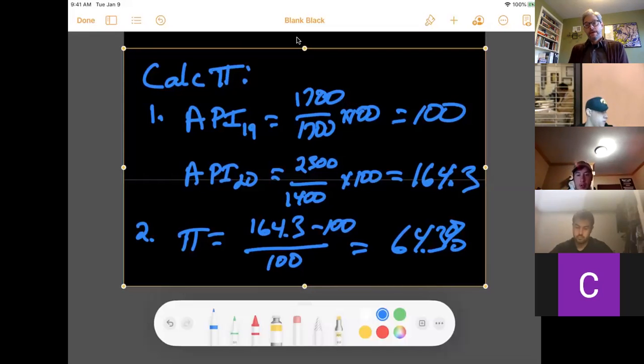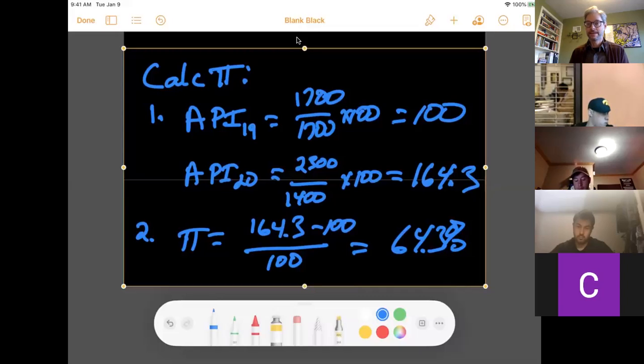Now, if you remember yesterday, we left off by saying this is not quite right though, because this answer is sensitive to which base year you pick. Will you get the same answer if you pick 2020 as the base year?